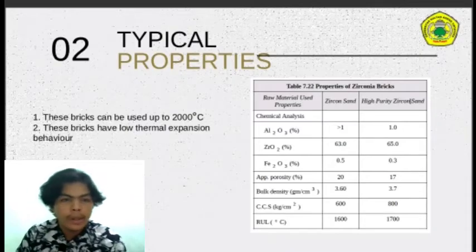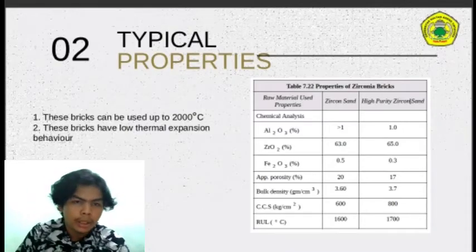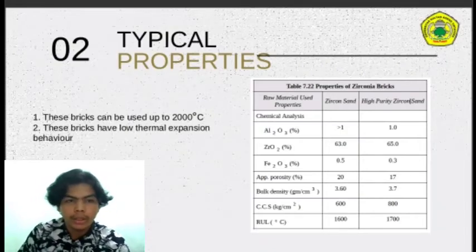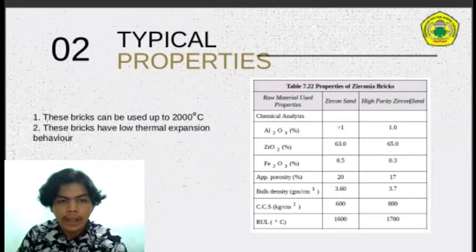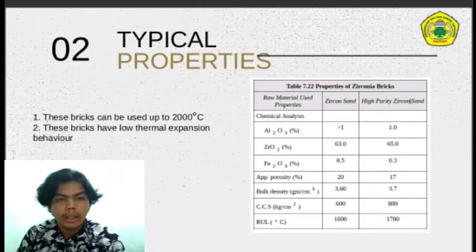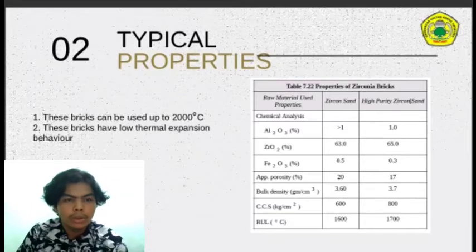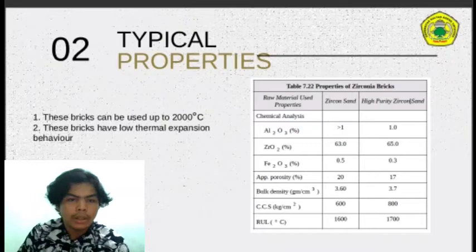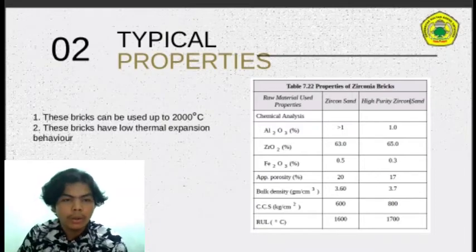First, we have raw material used in properties: first, zircon sand, and second, high purity zircon sand. Number one, Al2O3, zircon sand greater than 1%, high purity zircon sand 1.0.